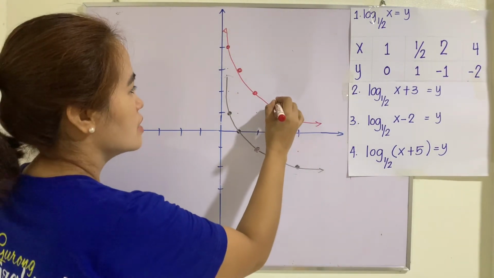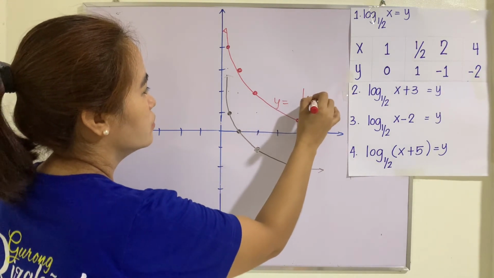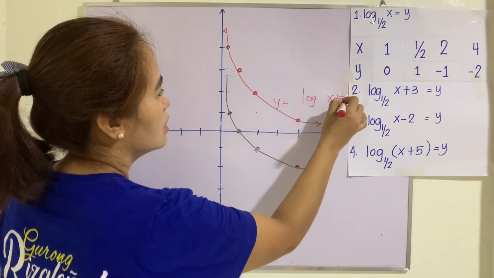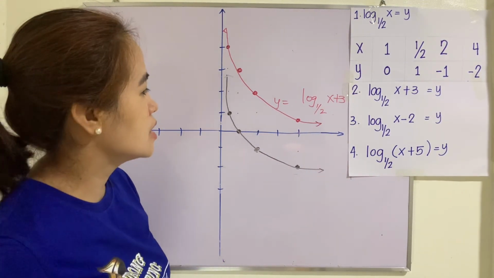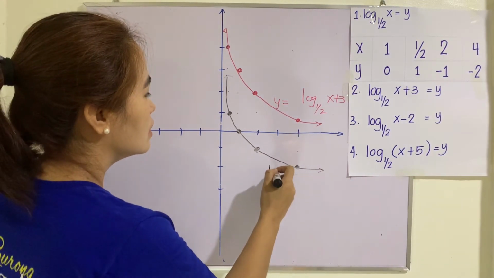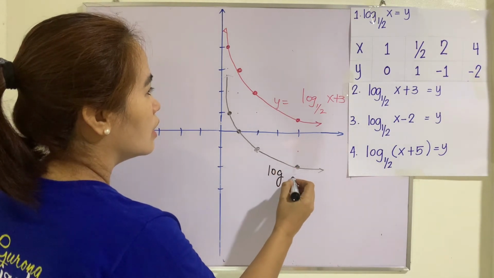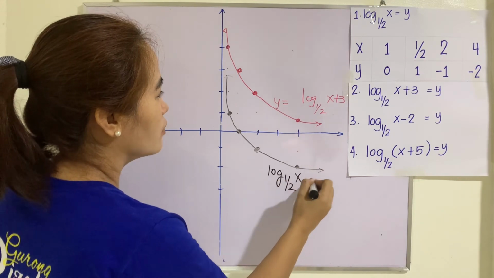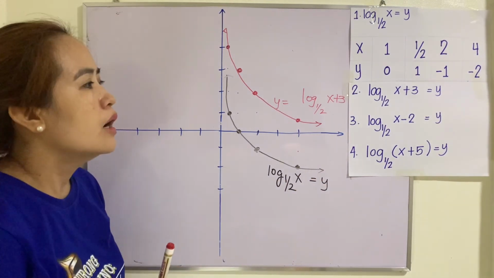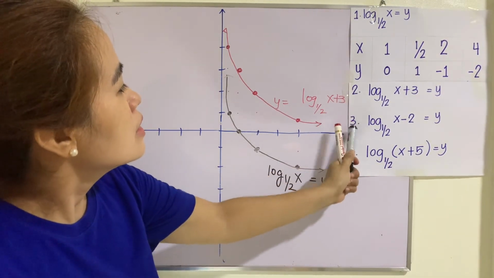This one is y equals log of x plus 3 to the base 1/2. And this one is log of x to the base 1/2 is equal to y. Okay. What about number 3?